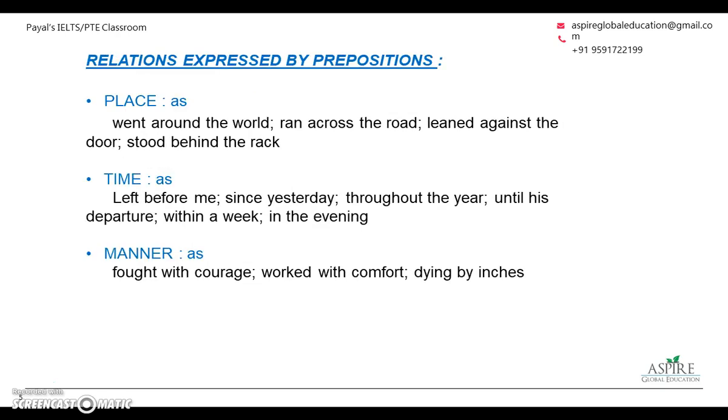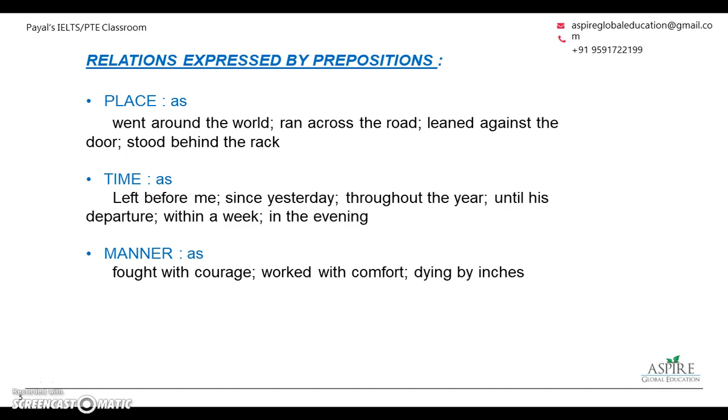Now let's try to see the relations which are expressed by these prepositions, which we have done in the previous slides. They are used when we are trying to indicate a place. Went around the world. Where did you go? Went around the world.